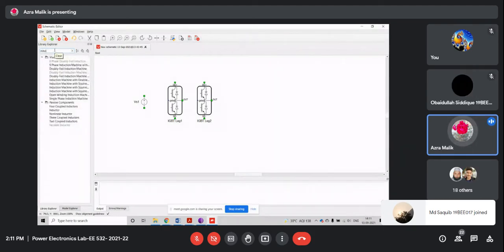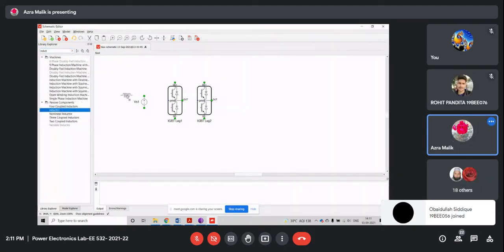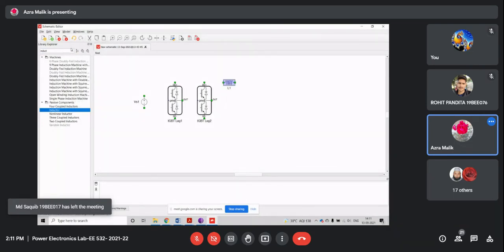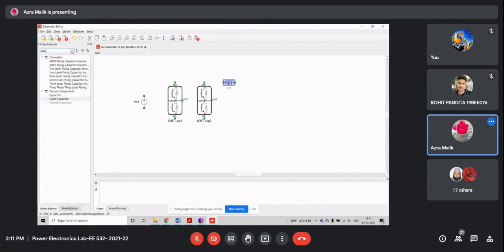For that, we need inductor, capacitor. Inductor value we keep it as 8 millihenry, and capacitor as 800 microfarad.